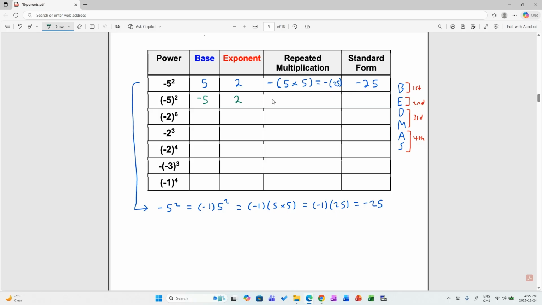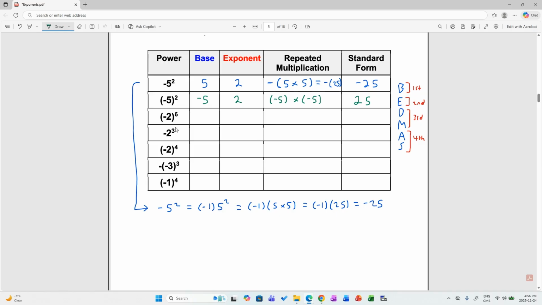Now, as for repeated multiplication, I'm simply going to write negative 5, my base, times itself 2 times because my exponent is 2. So I'm simply going to have negative 5 times negative 5. Now, negative 5 times negative 5 is just going to be positive 25 because two negatives make a positive. So my final answer in standard form is simply going to be 25.